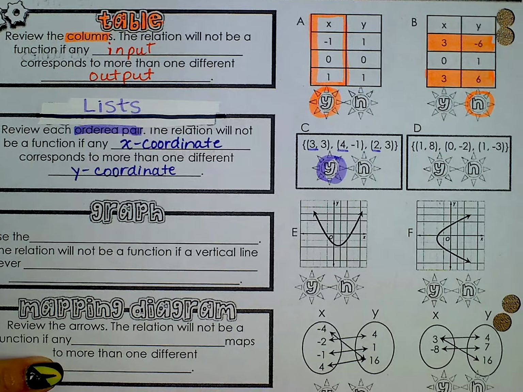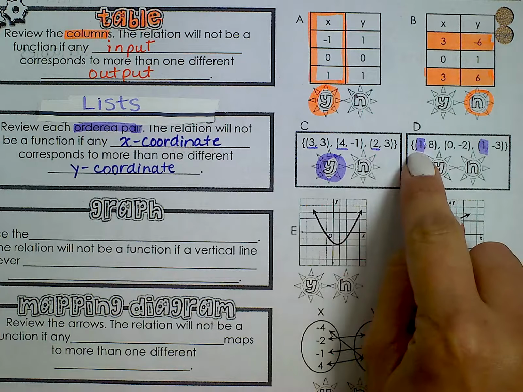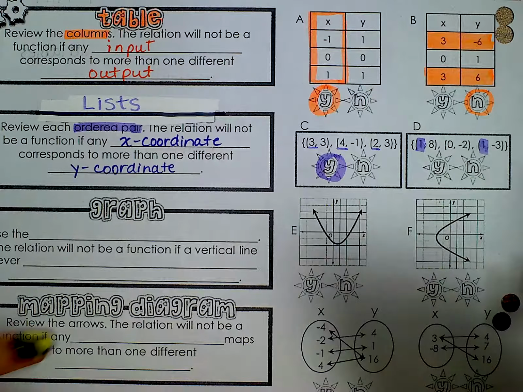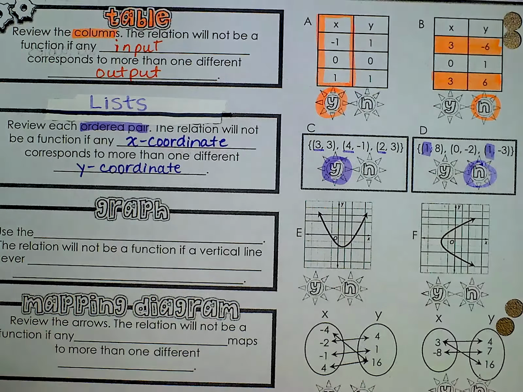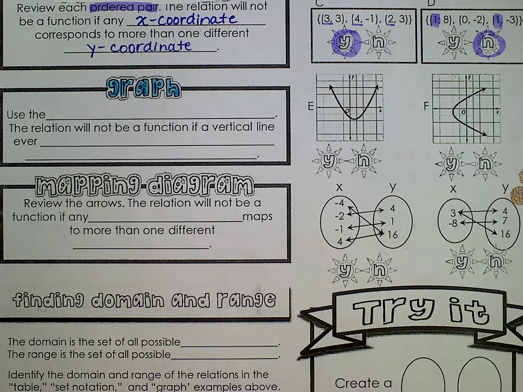Although, looking at example D, you'll notice that the x value 1 has two different y values, leaving it not a function. Now let's move on to graphs.